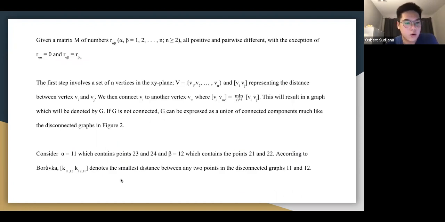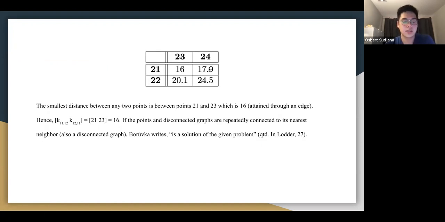According to Borůvka, in square bracket notation, K11,12 and K12,11 denotes the smallest distance between any 2 points in the disconnected graphs 11 and 12. So if you look at the submatrix here, which is part of a larger matrix, M, we can see that the smallest distance exists between vertex 21 and vertex 23, which we can gain through an edge and measuring the edge.